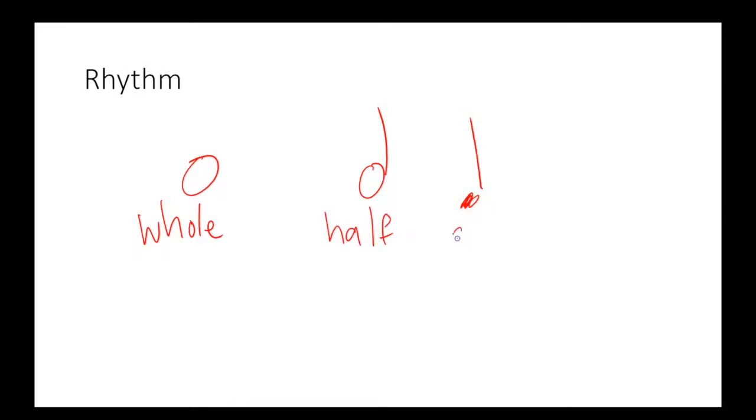We often describe the relationship of an individual note's duration to the prevailing beat of a piece of music through a series of symbols that convey note length. A couple of the most basic ones are the whole note, the half note, the quarter note, and the eighth note.